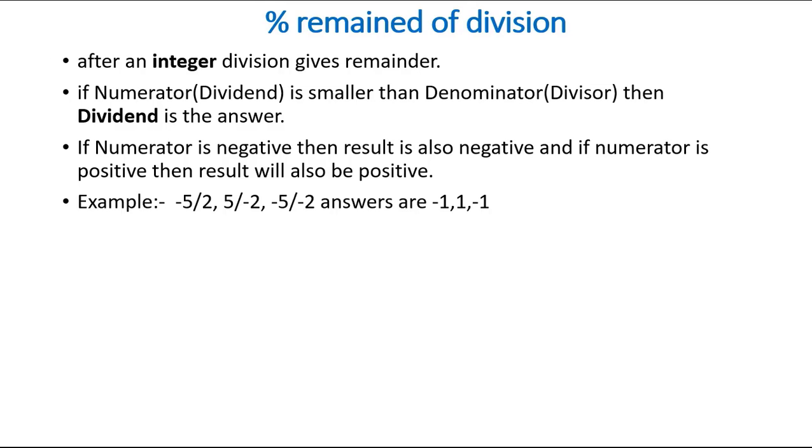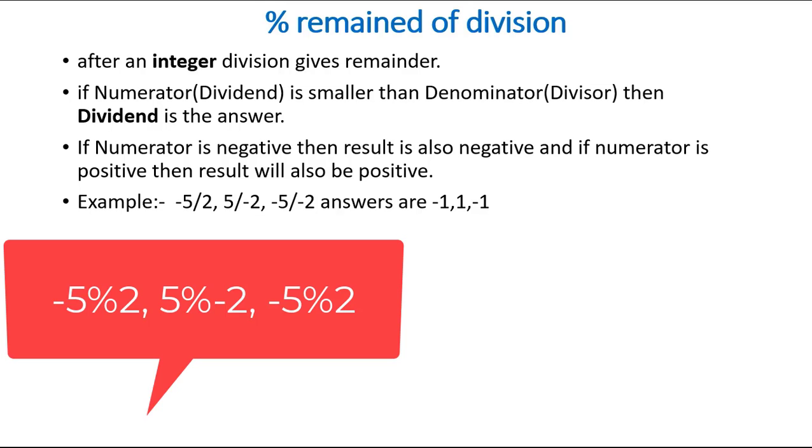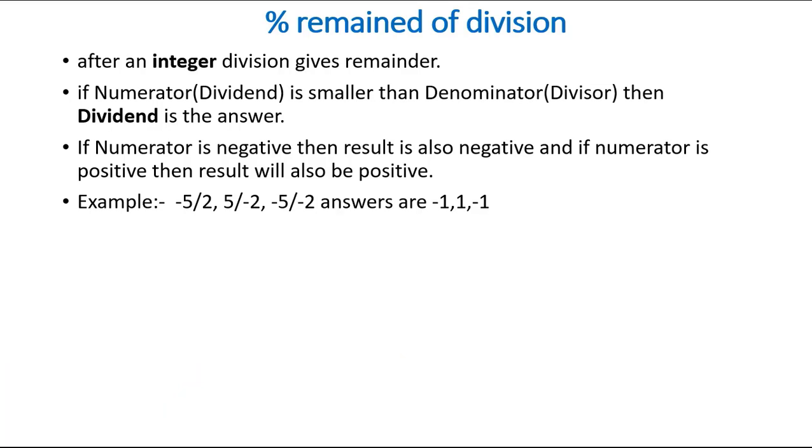Now let's see few examples. Here small changes are required. Here -5 modulo 2, 5 modulo -2, -5 modulo -2. Answers are -1, 1 and -1.